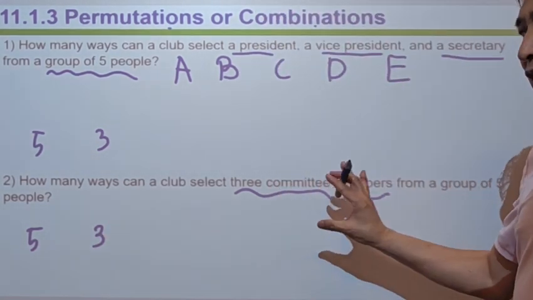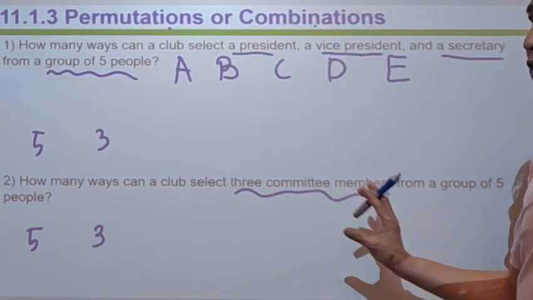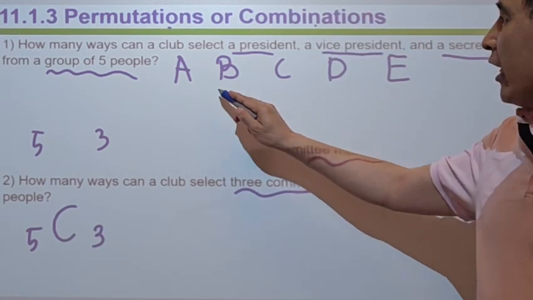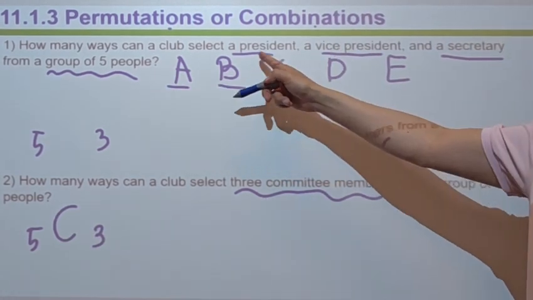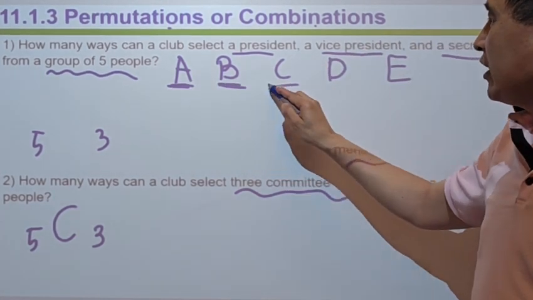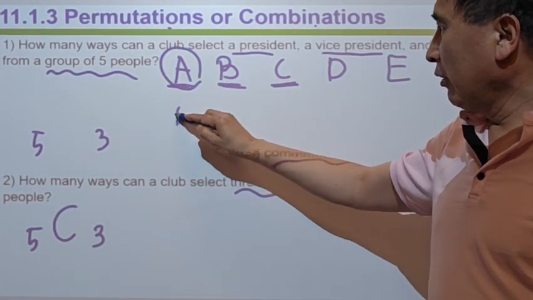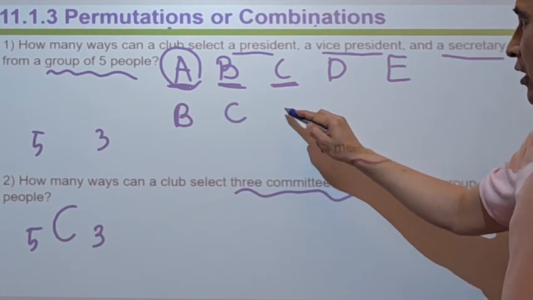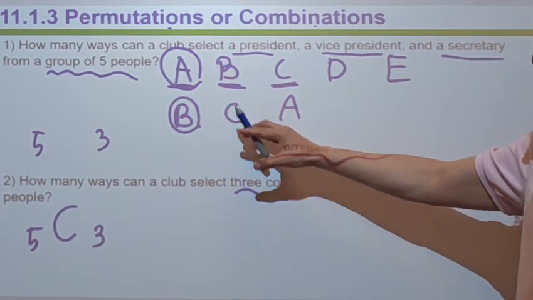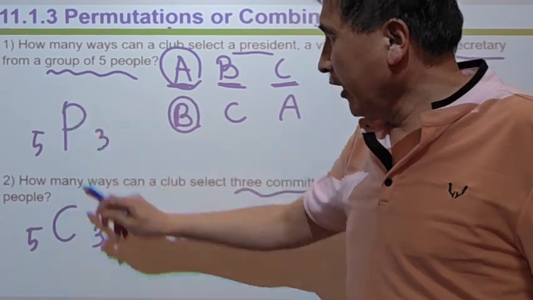But if we just select 3 committee members, then order doesn't matter. That's combination. But even though you select 3 people, one is president, one is vice president, one is secretary. So if we select A, B, C, then A is the president. But if we select B, C, A, then B is the president. That's different. That's order matters. Then we call it permutation, right?